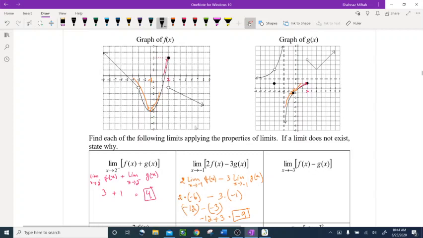Okay, so let's see again. Limit x approaches -3 of f of x minus limit x approaches -3 of g of x. And again, -3 left and right, -3 left and right. So I'm gonna apply left and right.